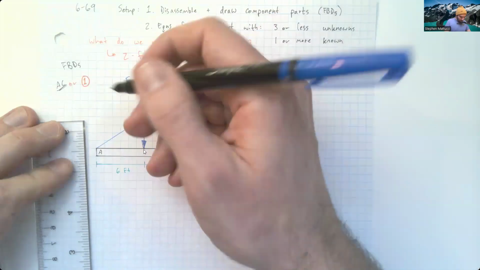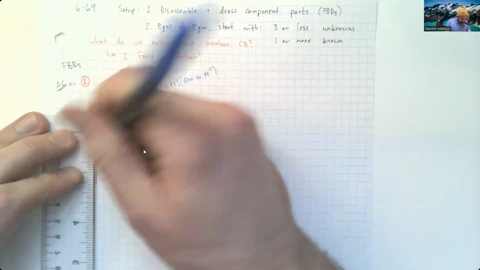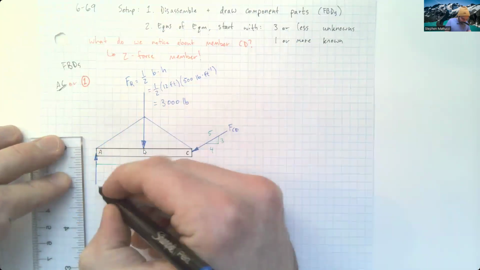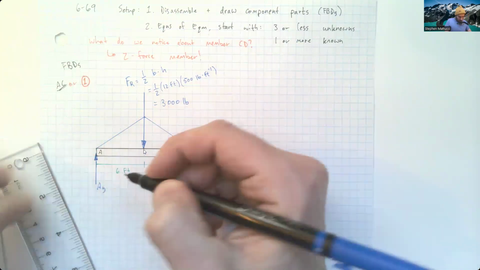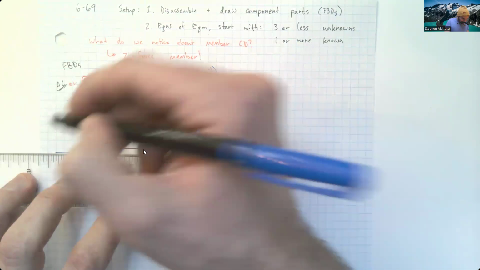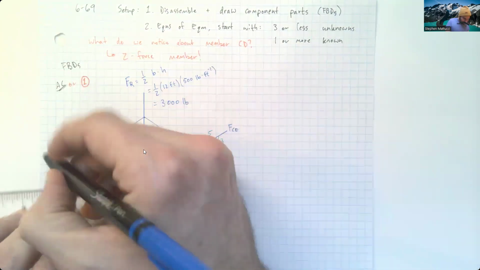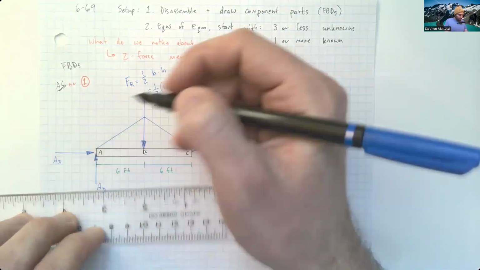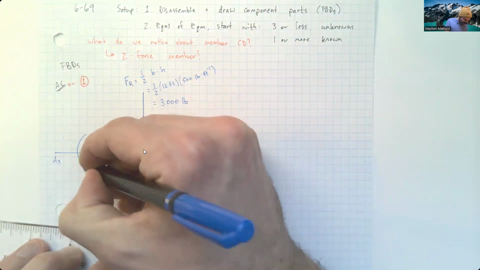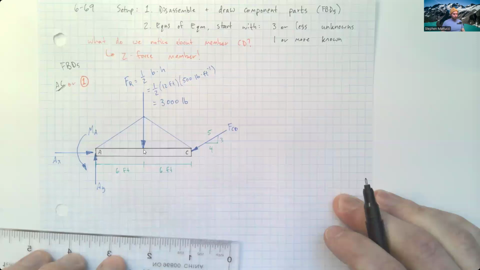This is a fixed member, which means it's going to have a Y component, AY. It's going to have an X component, AX. And because it's a fixed end, it's also going to have a reaction moment, MA.